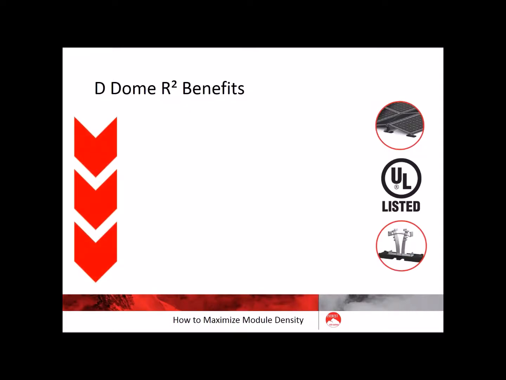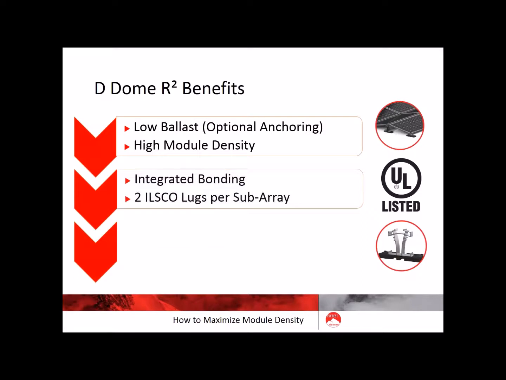I'll talk about some benefits of DDome Rsquared at this time. First off, this system typically has very low ballast compared to a south-facing system. The reason for that is because of the geometry of it, that triangular shape, it does not have a wind deflector on it.